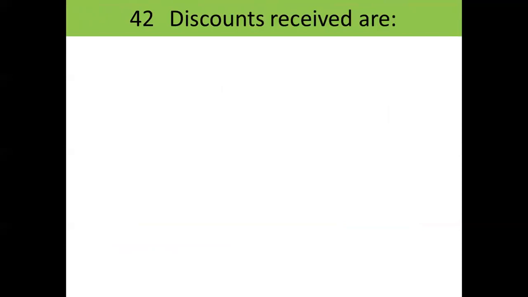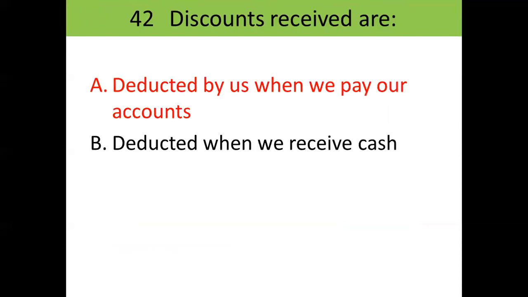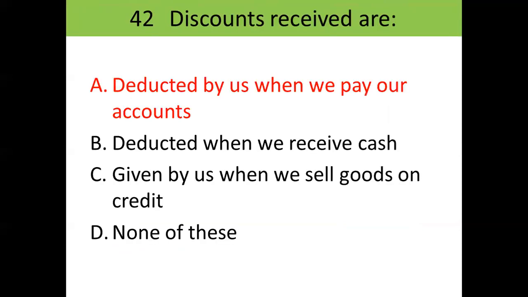Question 42. Discounts received are deducted by us when we pay our account, as it is a discount the supplier gives us. When we are going to pay them, we deduct that discount and pay the net of that discount.